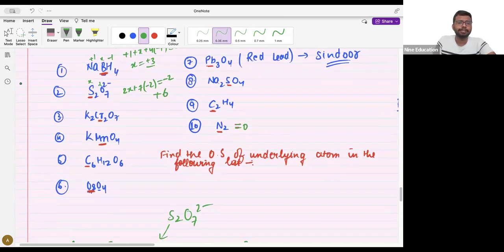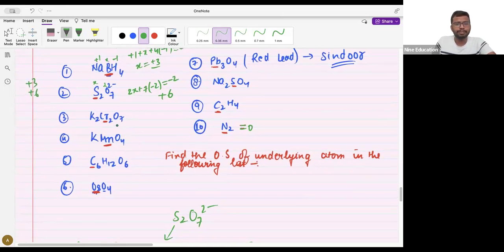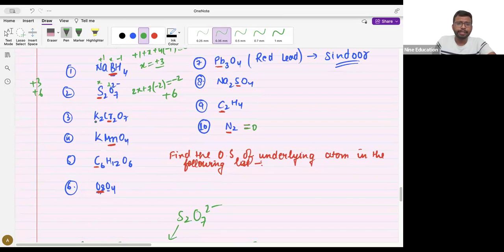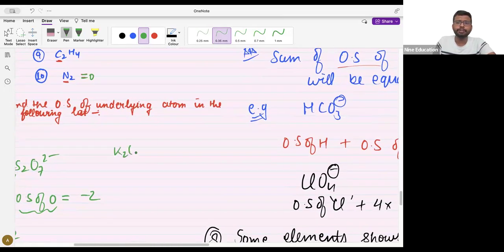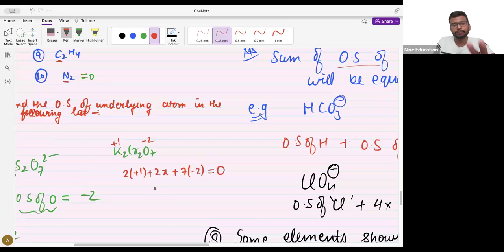First answer plus 3. Second answer plus 6. Third one, check. K2Cr2O7. See, potassium is +1, oxygen -2. 2 into +1 plus 2 into X plus 7 into -2 will give me total charge 0.